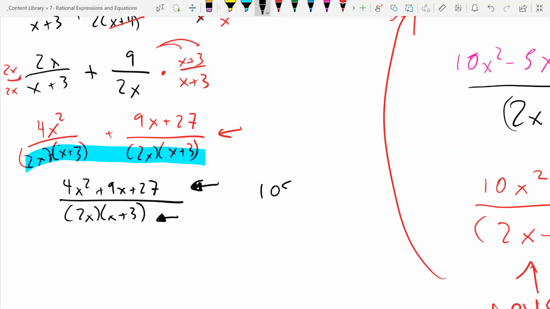So 108, the factors of 108. Closer. No. Close.